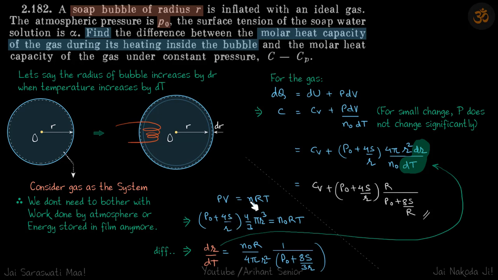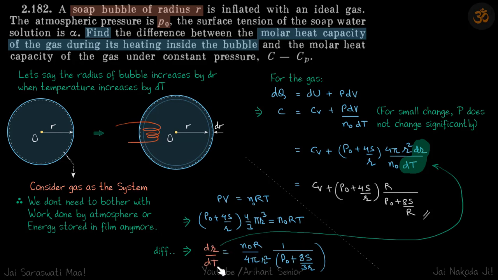Pressure will be P0 + 4S/r, volume will be 4/3 πr³, equal to n0 RT. I've skipped a few steps here on differentiation, but you can do that in maths. If you take r³ inside, this will be P0 r³ + 4S r². When you differentiate that with respect to r, you'll get the term of dr/dT.